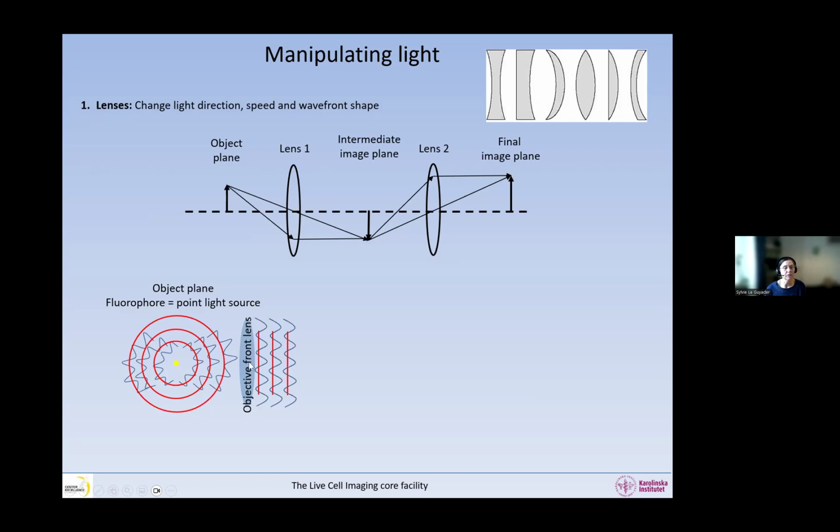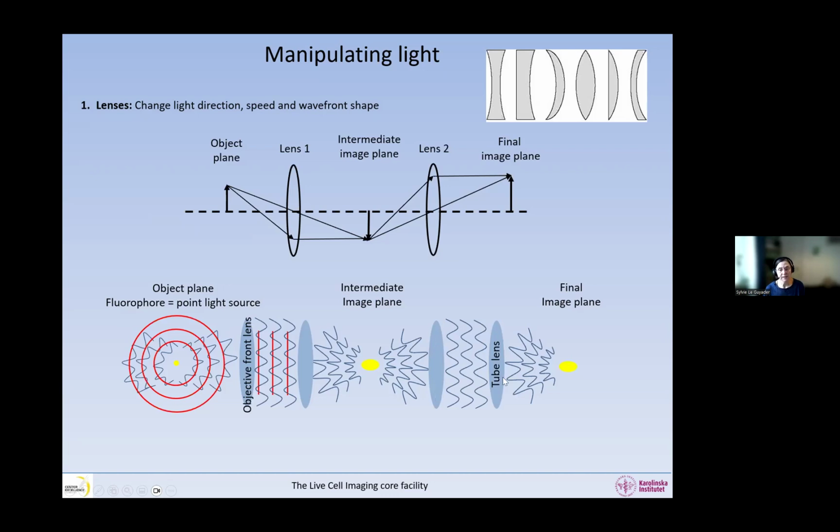Here we have a refraction, and so the wavefront is going to change. Here it's a curved wavefront, here it's a flat wavefront. Then we have another lens, and we're going to focus this light in and have an image. This is the intermediate image plane, exactly the one we have up here.